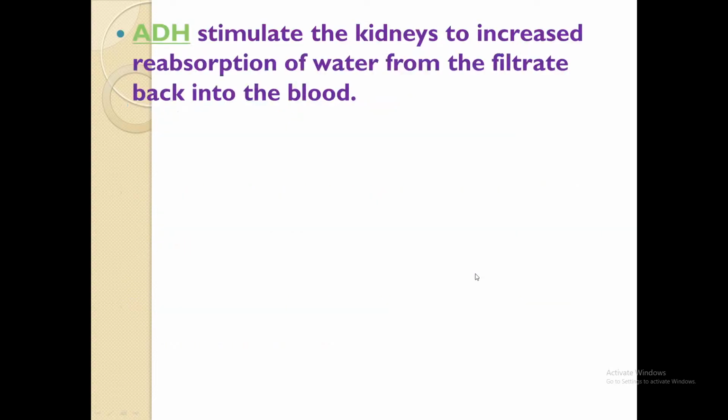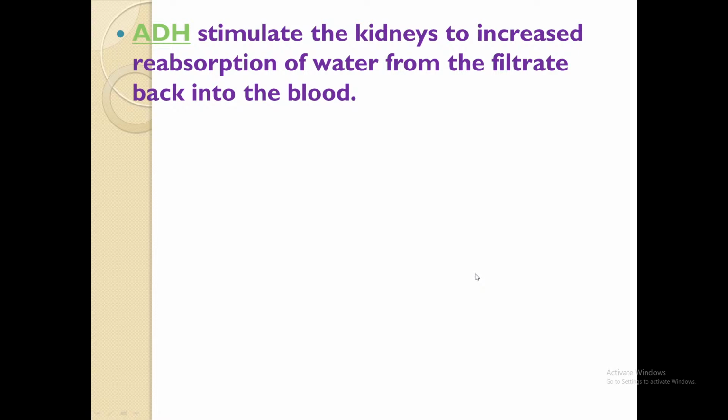So again, let's look at what ADH does. So they are saying now that ADH stimulates or instructs the kidneys to increase reabsorption of water from the filtrate back into the blood. So that means that the filtrate, that would be the urine.